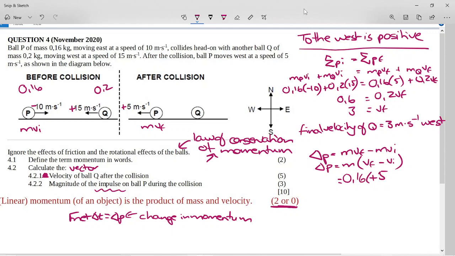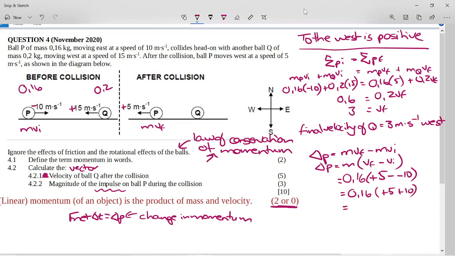We are still going to subtract the initial velocity because change is final minus initial. But if to the west is positive, initially the ball was moving to the east. So it will be plus 5, subtract negative 10. And as I'm sure your grade 8 maths teacher told you, a minus and a minus makes a plus. So we have plus 5 plus 10, and that will come to 15.